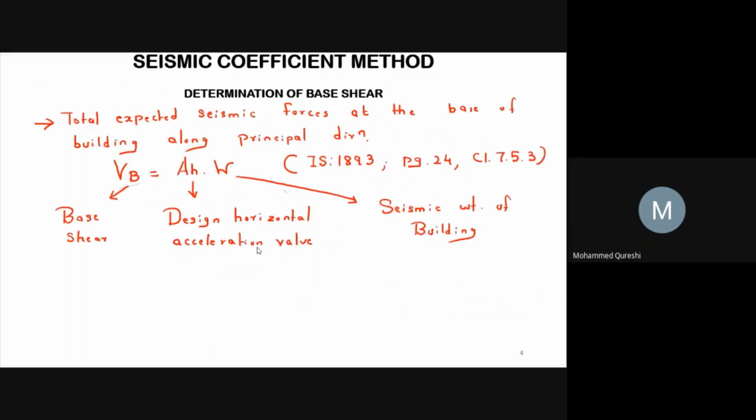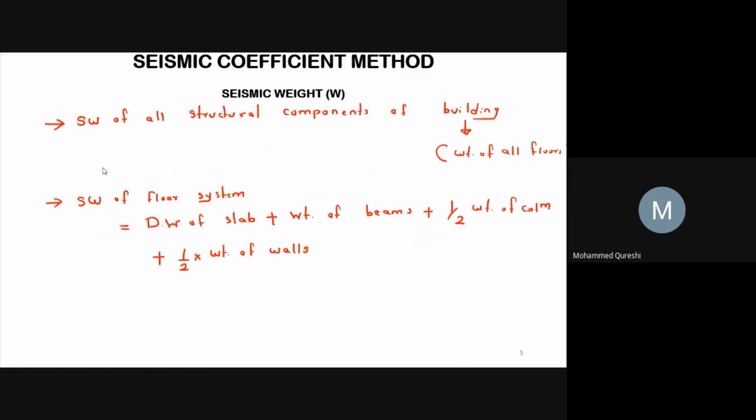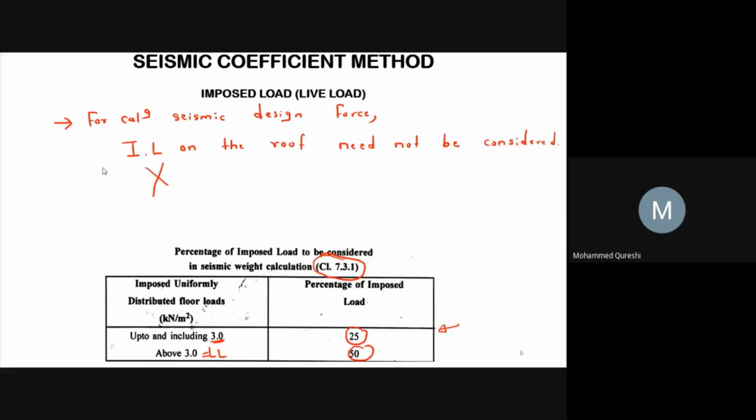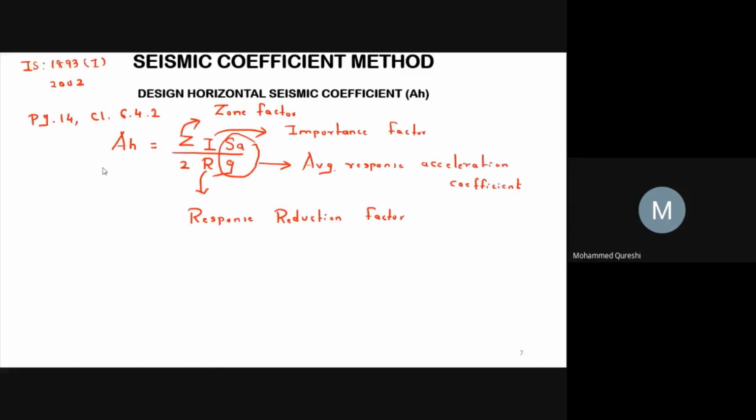So your first step will be determination of base shear. You may calculate the base shear by using the equation VB equals AH into W. Then you have to calculate the total seismic weight of the building. Then you have to calculate the imposed load. But in imposed load, remember one thing, that the live load on the roof need not be considered.